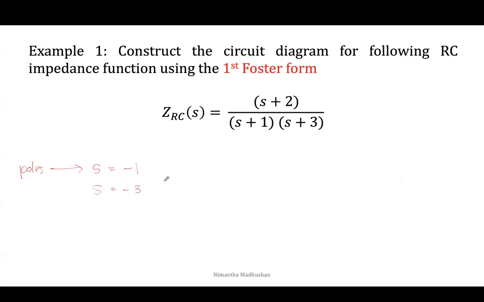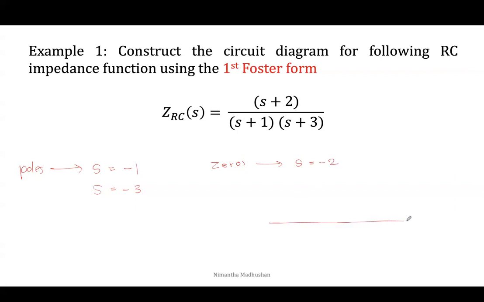These are the poles. For this function, there are two poles, and we can obtain the zeros from the numerator. The root of the numerator is s = -2. Then it has only one zero.